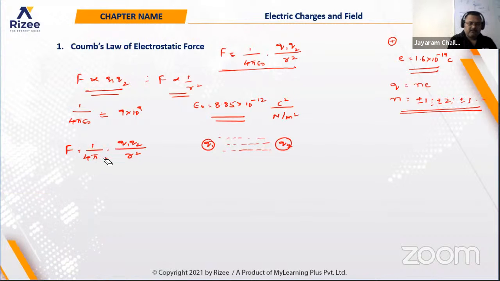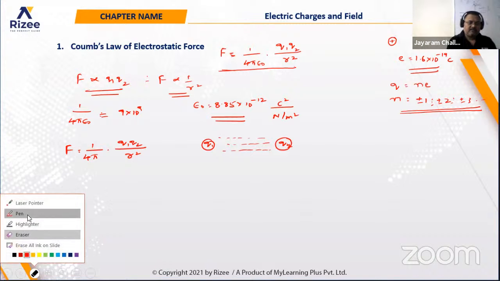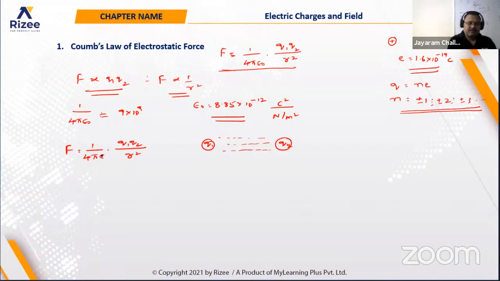This is the case where the medium changes from free space to some other medium. This epsilon, the permittivity of a medium, can be written as epsilon r, the relative permittivity, into epsilon naught. The relative permittivity can also be written as k, which is called the dielectric constant.